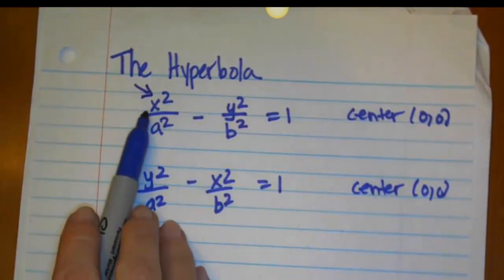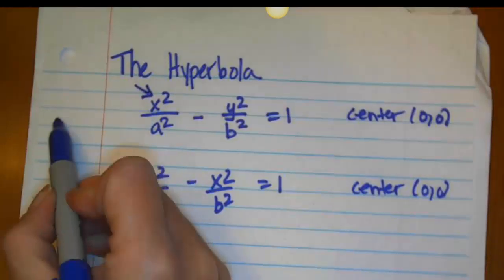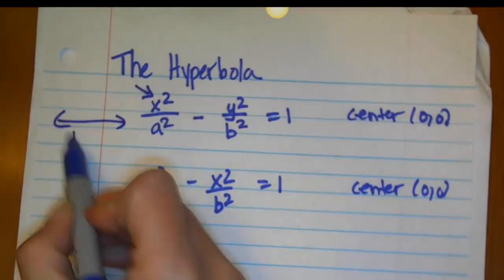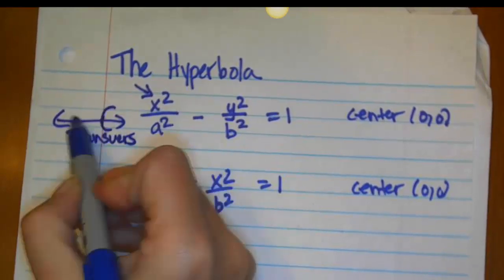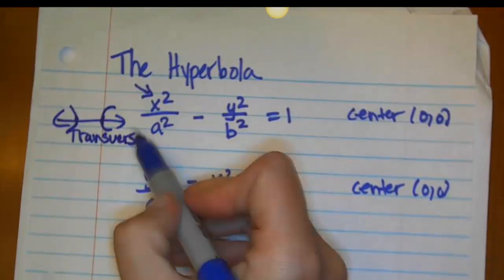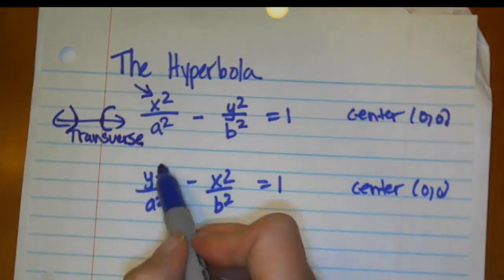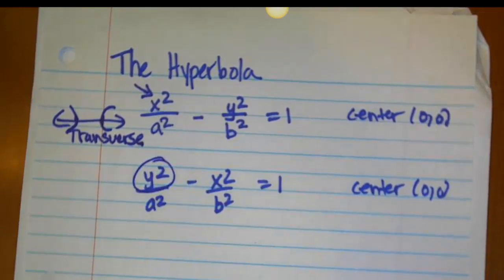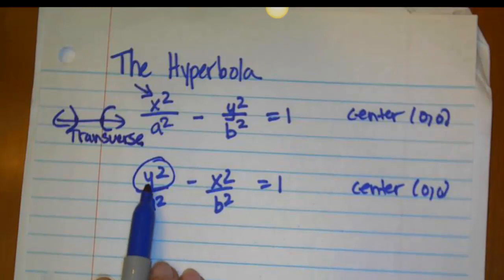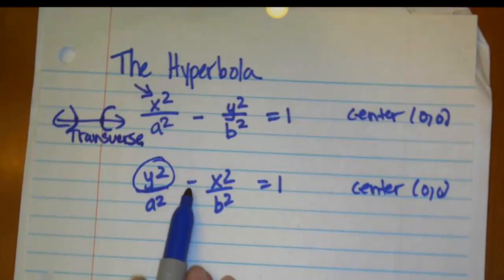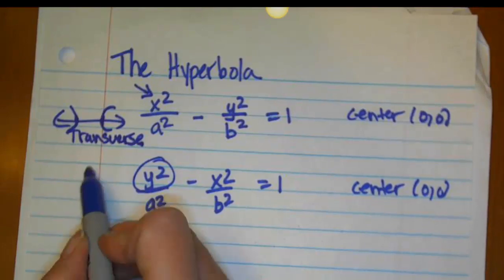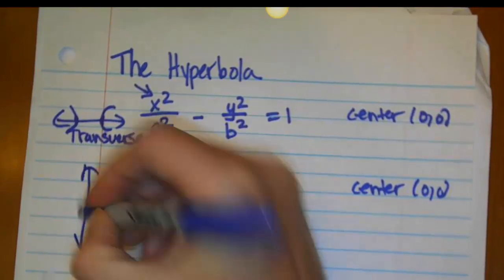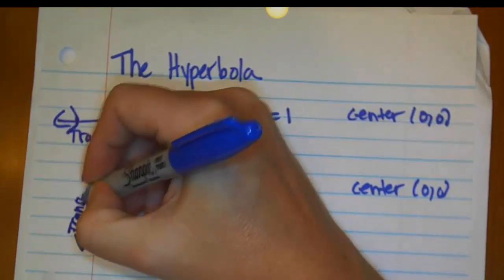Because the x comes first, this means I have a horizontal transverse axis. So that means my hyperbola is going to be opening up to the left and to the right. When the y squared term comes first, and remember what comes first makes a difference because subtraction is not commutative, then my transverse axis is vertical.